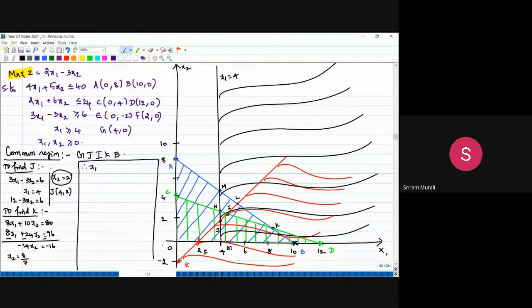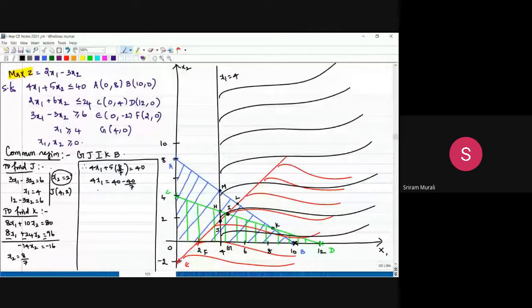Substitute in any one of the equations: 4x1 plus 5 into x2, which is 8 by 7, is equal to 40. 4x1 is equal to 40 minus 40 by 7. So x1 will be equal to 60 by 7.